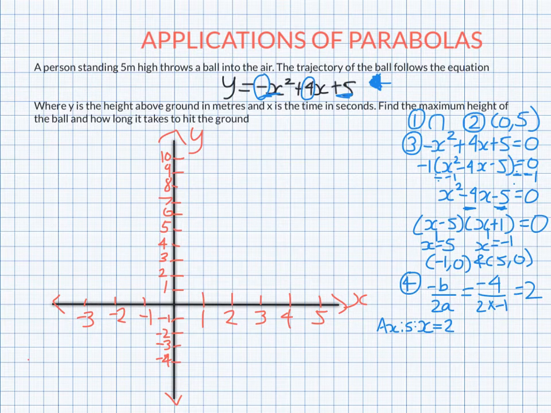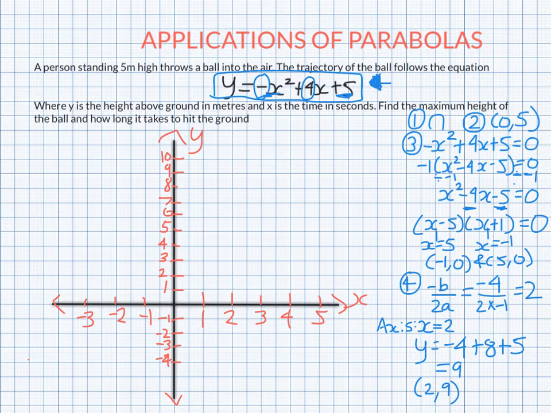If x equals 2, we find y by substituting into the original equation. Y will be minus 2 squared, plus 4 times 2 plus 5, which is 9. So that means the turning point will be the point (2, 9).